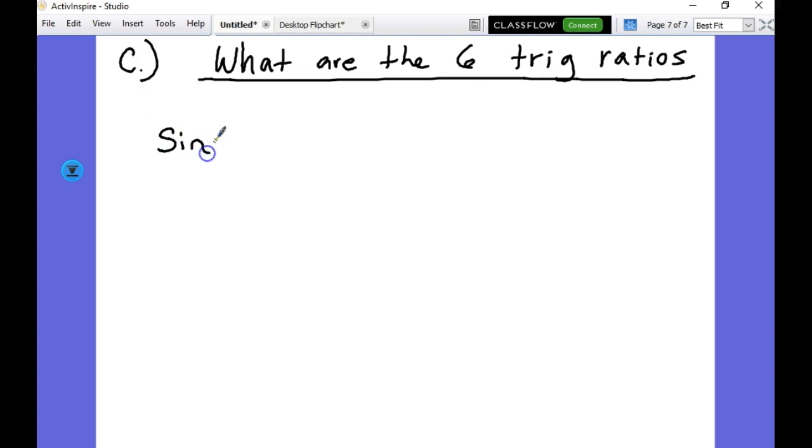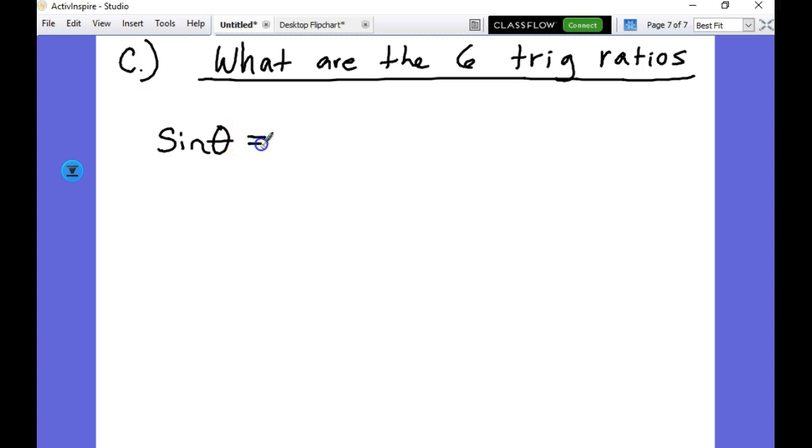Sine. Now, first of all, whenever you do a trig ratio, you always have to tell your trig ratio which angle is your reference angle, because doesn't that change which one's opposite and adjacent, right? So you can't just put sine, you have to put sine of a specific angle, okay? Because that angle tells you which one is your opposite and which one's your hypotenuse and which one's your adjacent. So if you don't have an angle there, then sine becomes meaningless. So this is my reference angle in this case.